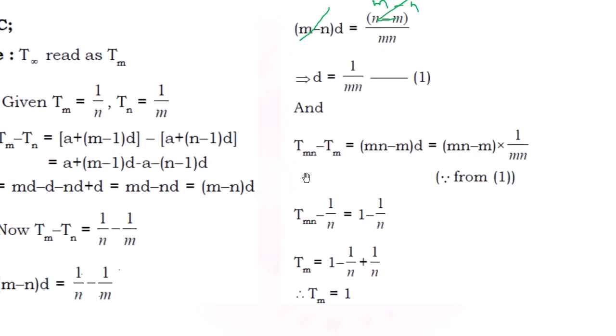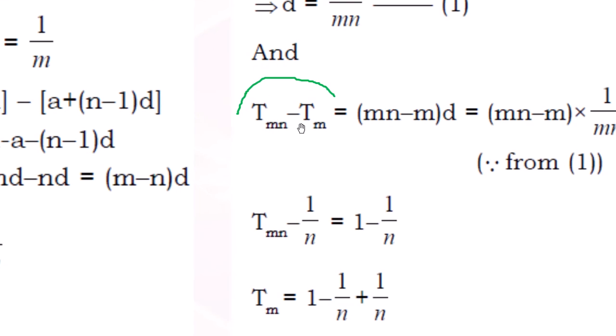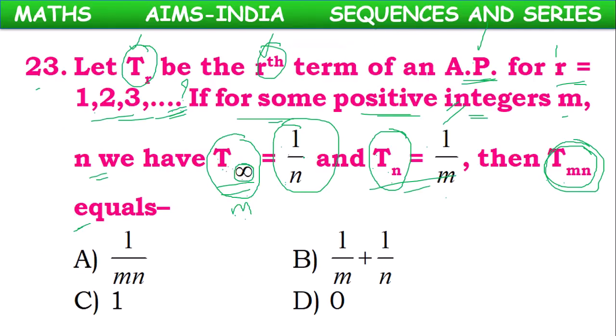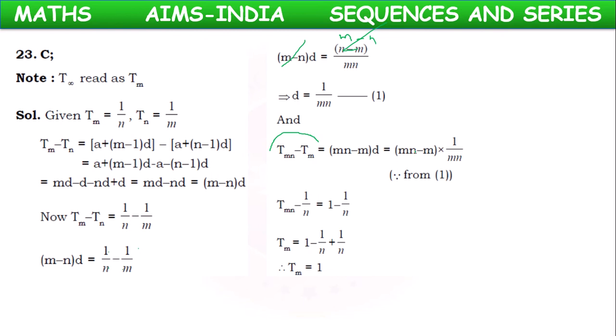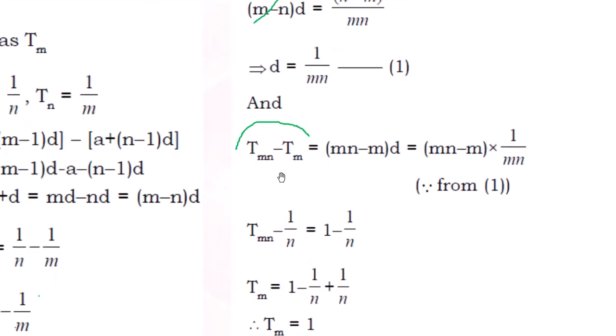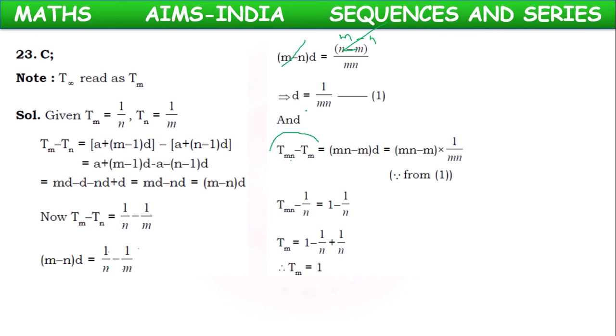So they have taken Tmn minus Tm. Why they have taken this, Tmn value we have to find. So we have got the d value here.